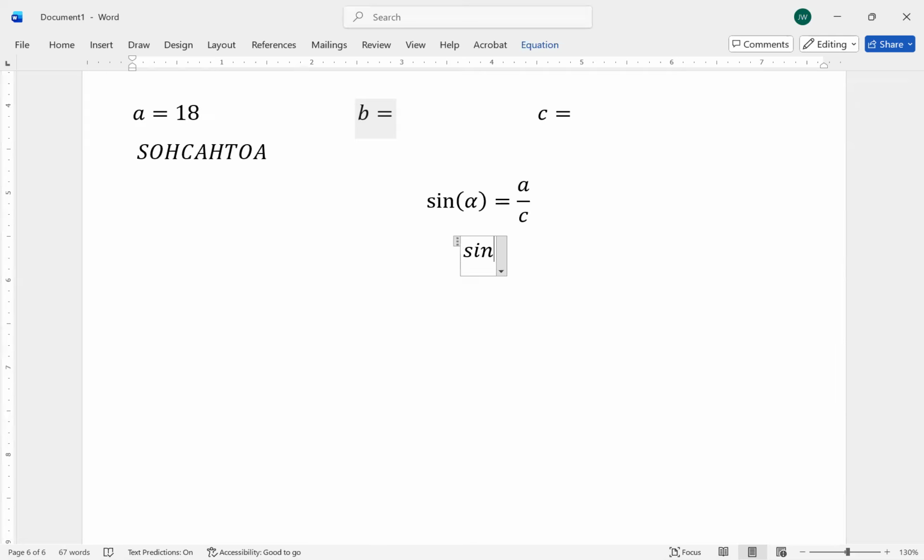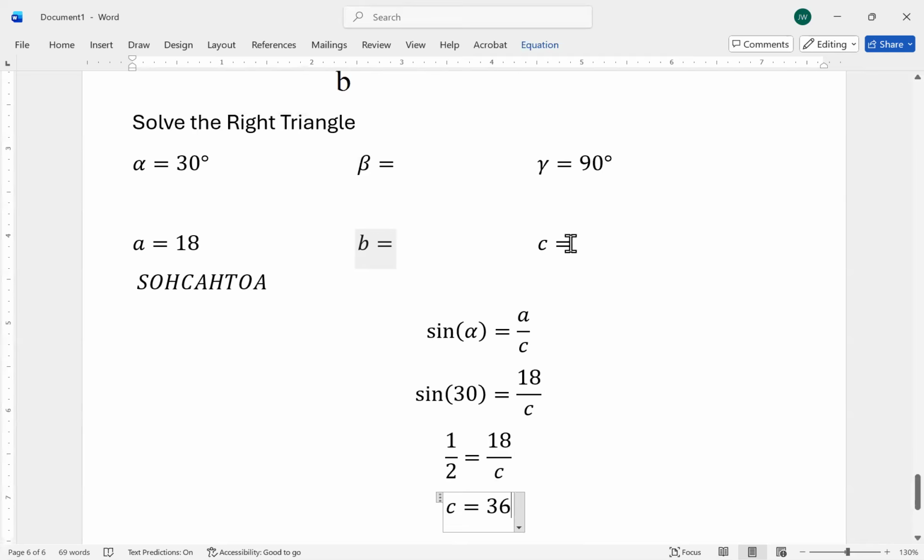I know that alpha is 30 degrees and I know that A is 18. So I can solve this equation for C. Now sine of 30 degrees is 1/2. It should be fairly obvious that C has to be double 18. It has to be 36. So now I know that the length of the hypotenuse is 36. So C is equal to 36.